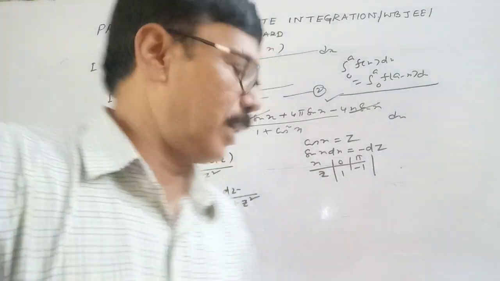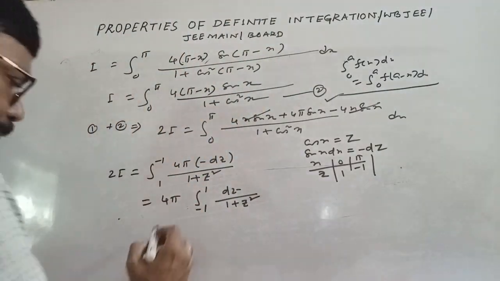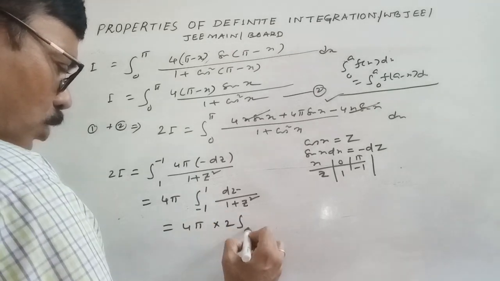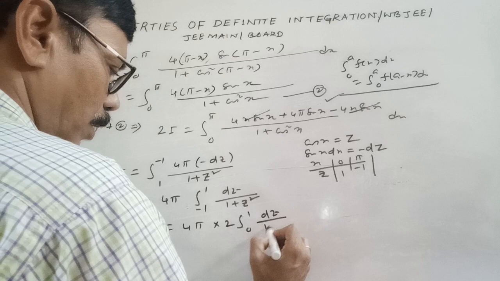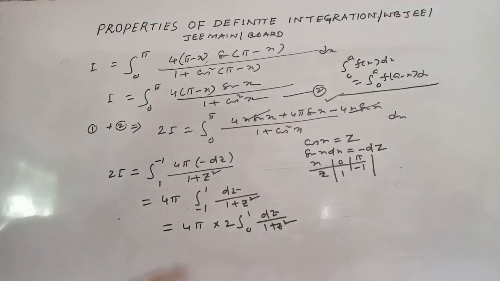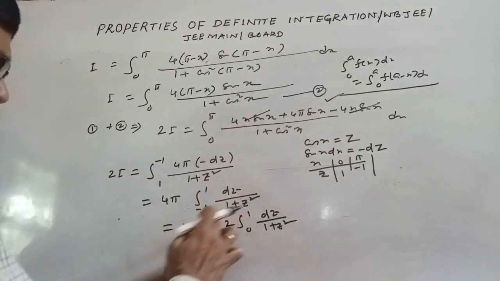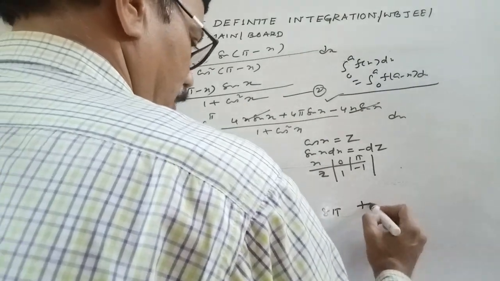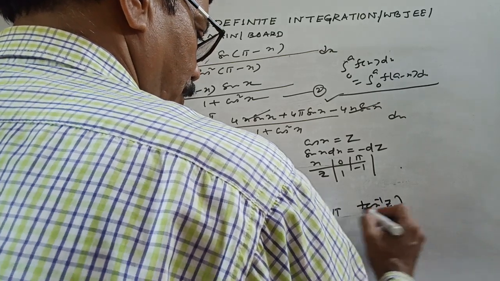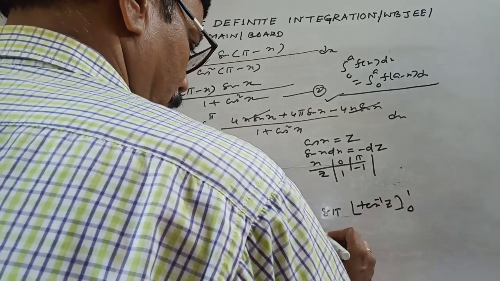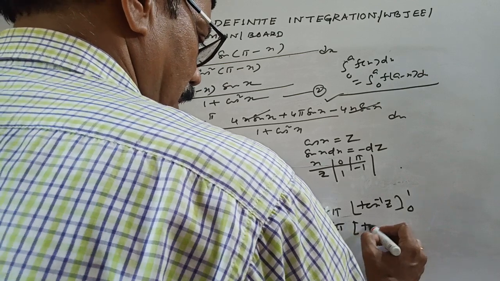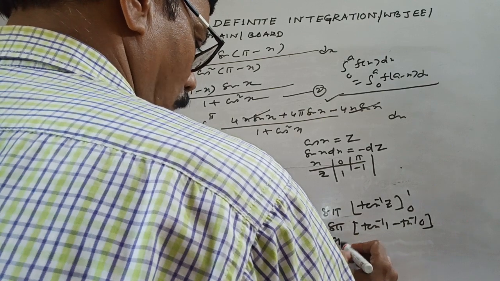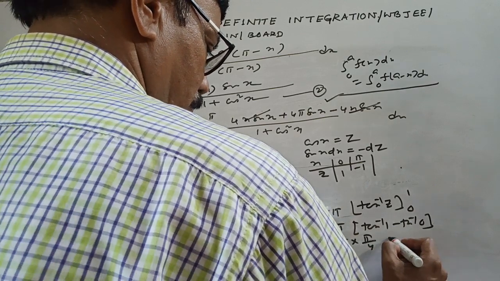So 4 pi into, it is an even function, so 2 into integral 0 to 1 dz by 1 plus z square. So 8 pi unchanged, tan inverse z from 0 to 1. So 8 pi into tan inverse 1 minus tan inverse 0, so 8 pi into pi by 4, because it is 0.